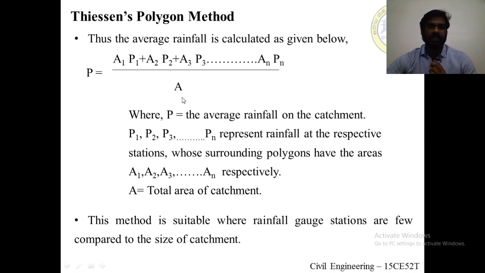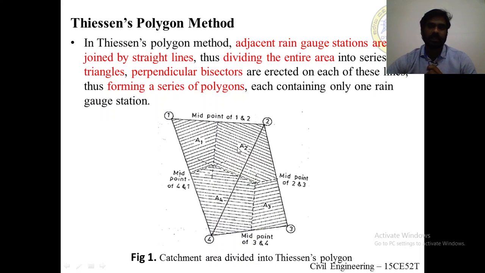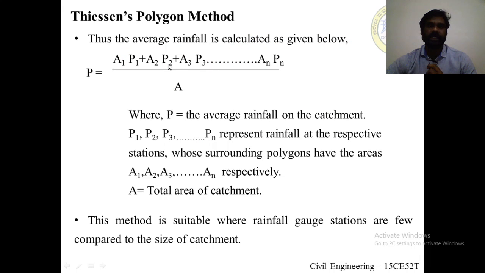What we have to observe here is, as I have told before, that in Thiessen's polygon method, weightage is given for each rain gauge depending on the area it is assumed to best represent. See, here the areas of the polygons are different. Some have bigger area and some have smaller area. We are multiplying this area by the rain gauge station readings.